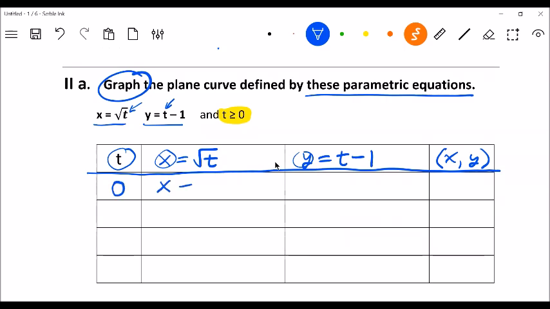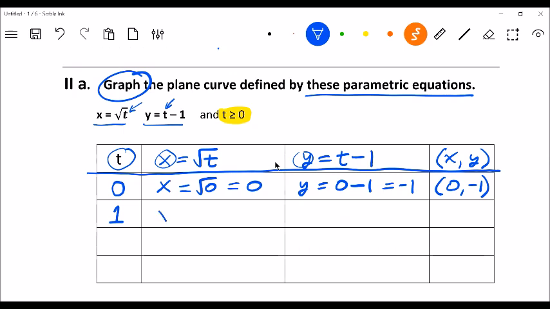So x is equal to the square root of 0, and the square root of 0 is 0. And that same time will be put over here in the y equation, and 0 take away 1 is negative 1. So we have 0 and negative 1. The y can end up being negative, but the time cannot be. So we have to start with positive numbers here.